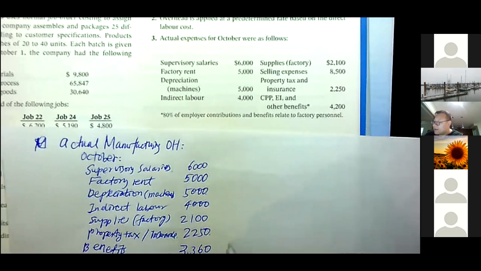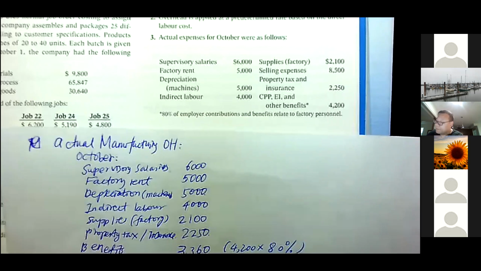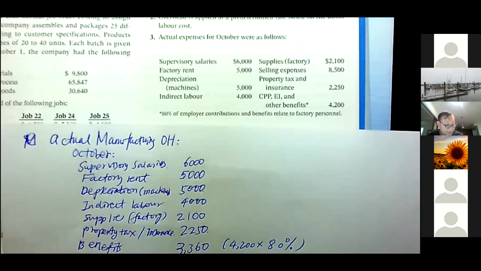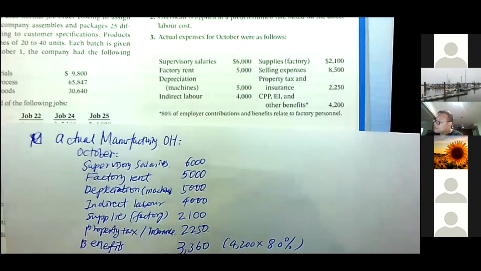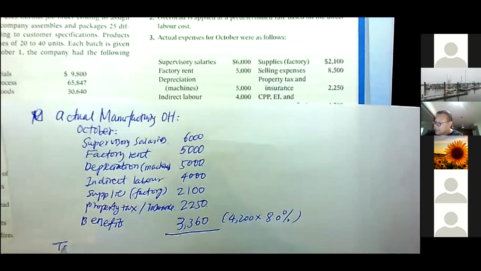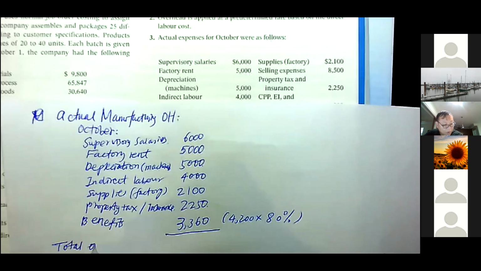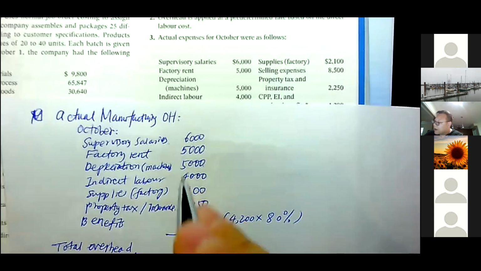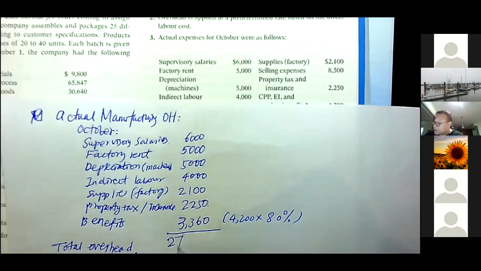Is that right? Okay, good. So now this is my total, right? We covered everything. That's the total overhead incurred for the month. So if I add everything together, I have 27,710.